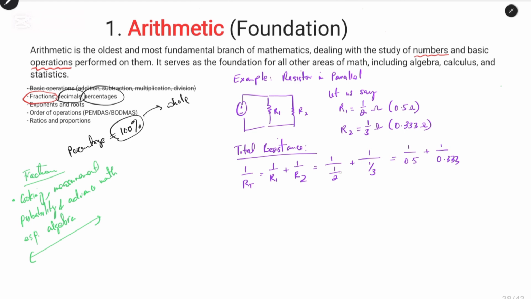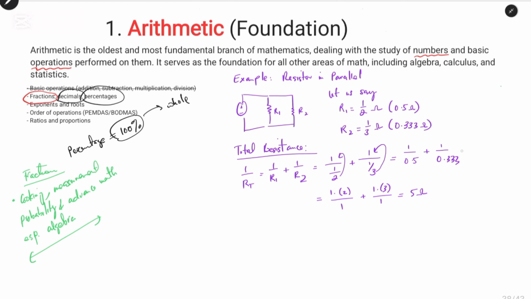Or you can simply, since it is divisible, the 2 can be on top and also 3 can be on top. So you can have 1 times 2 divided by 1, plus 3 on top, 1 times 3 on 1. So you have 2 plus 3, which is equivalent to 5 ohms.